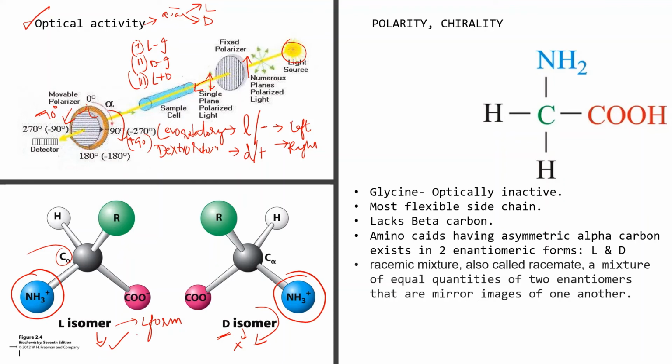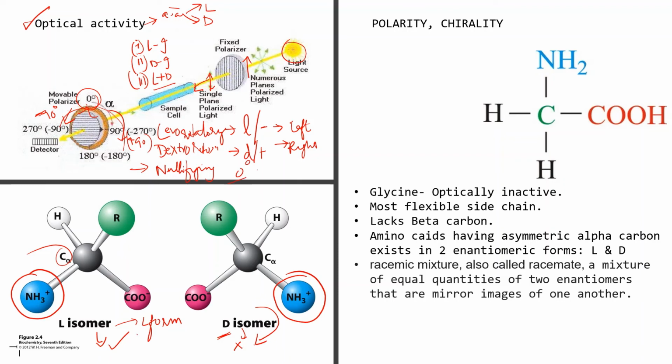But when we consider the third condition, what do you think might happen when there is a combination of both L plus D isomers? Yes, you have guessed it right. There is a nullifying effect. Because this is rotating towards -90 and this is rotated towards +90, the angle cancels and there is a 0 degree rotation.